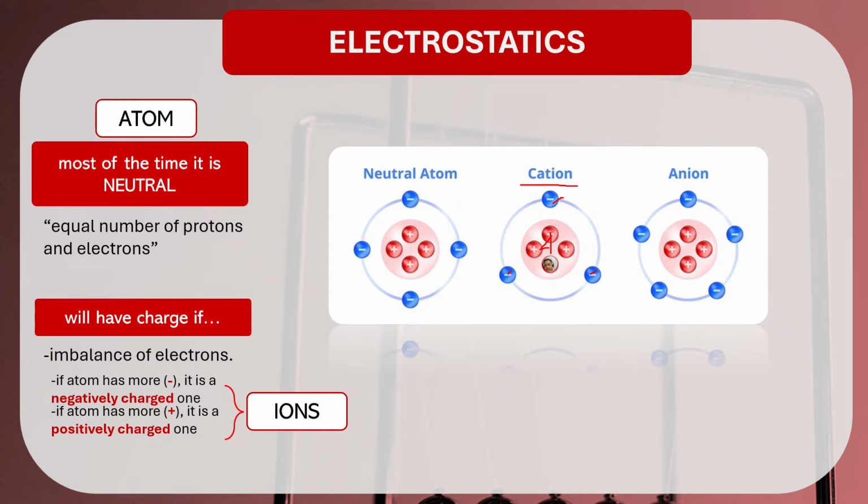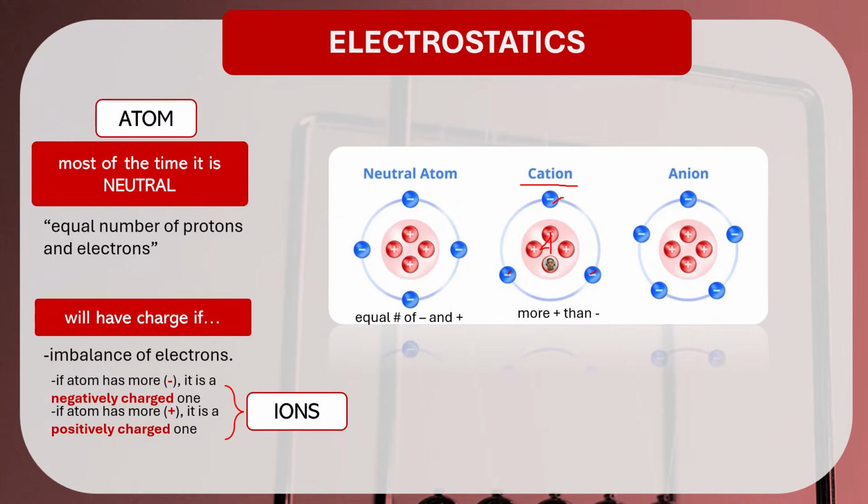And another example here, by the way, this is a neutral atom. It has an equal number of negative and positive, so that's neutral, no charge. The next one is a cation. From the name itself, it has more positive than negative.